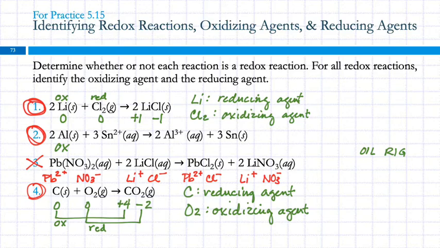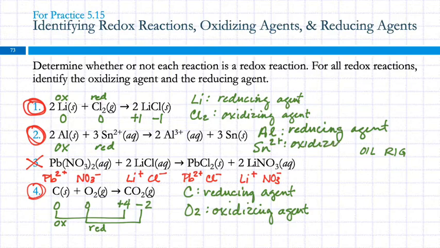It does that by gaining electrons, so it's being reduced. We're identifying the agents. So aluminum is being oxidized. It's causing the other thing to be reduced. So it's the reducing agent. And Sn, that's a 2+, is the oxidizing agent. Any questions?